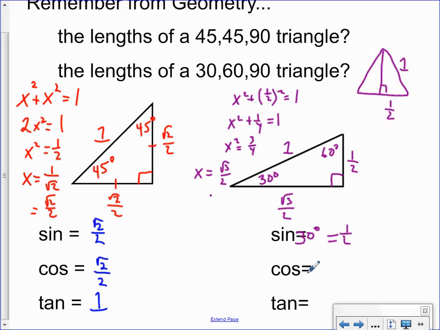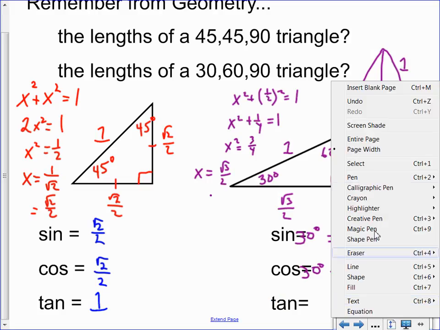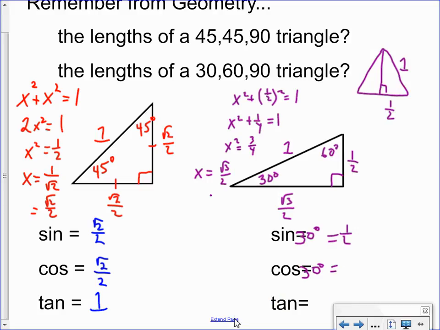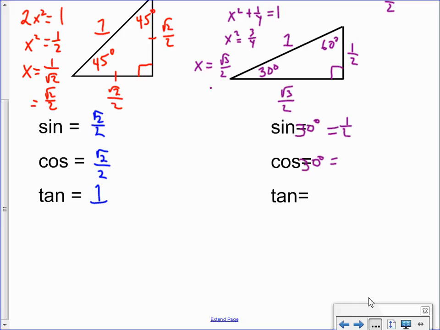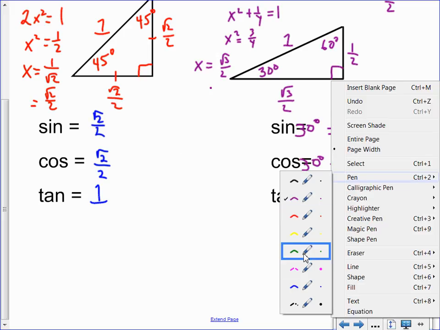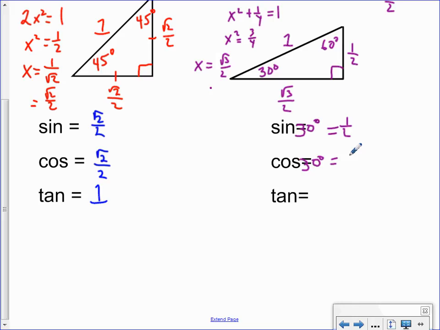The cosine at 30 degrees is root 3 over 2. And then the tangent is going to be the sine over the cosine.